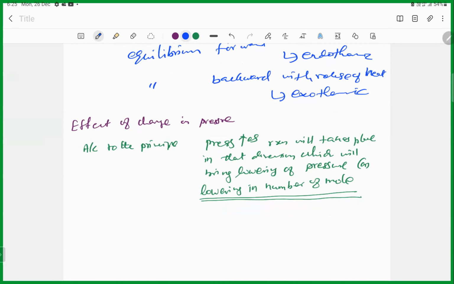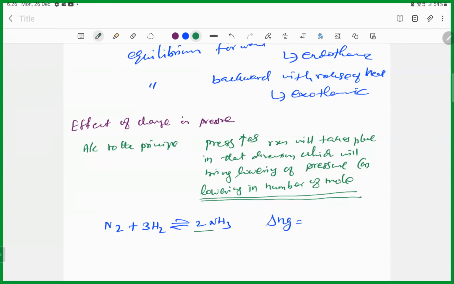Now look, when you have N2 plus 3H2 giving 2NH3, what is delta Ng? How do we calculate delta Ng?